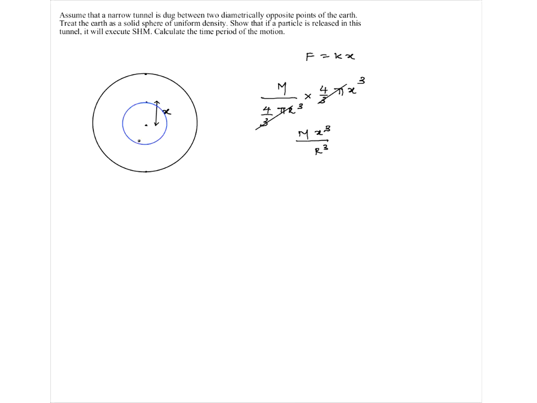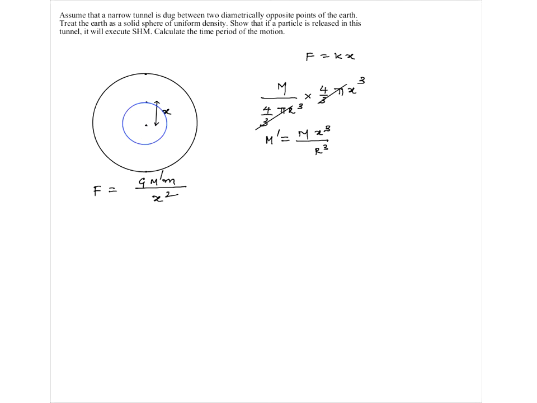Now, this mass can be considered to be concentrated at the center. So how much force will this mass apply on this particle? Let's say this is m dash. And the answer is G m dash small m divided by x square.